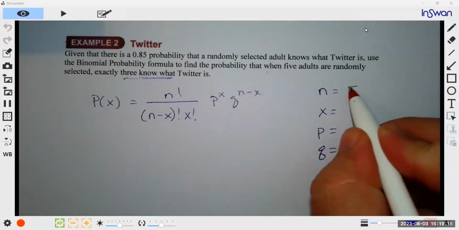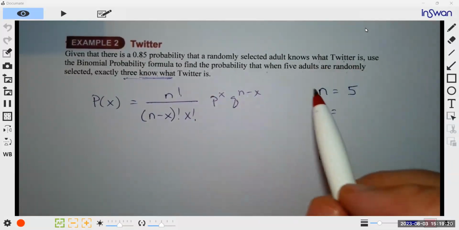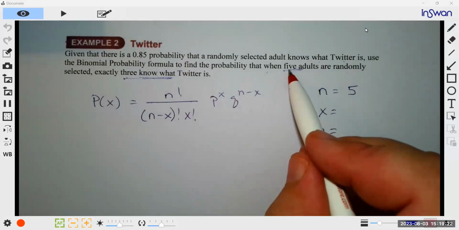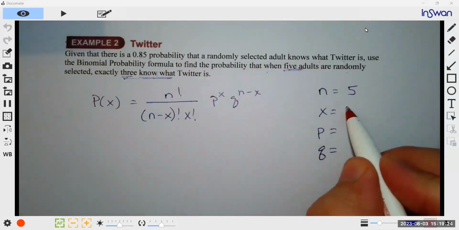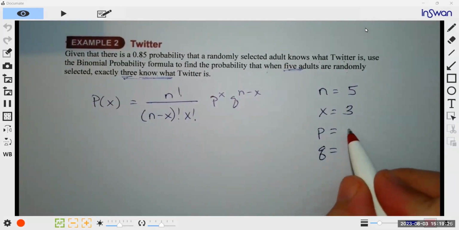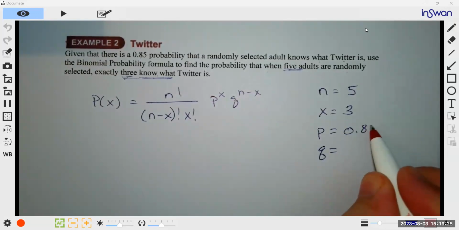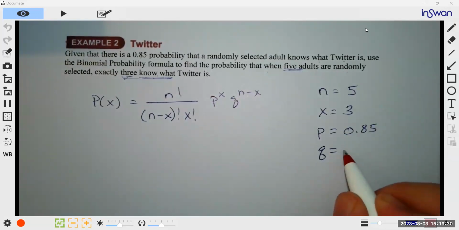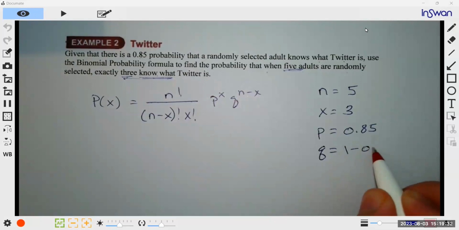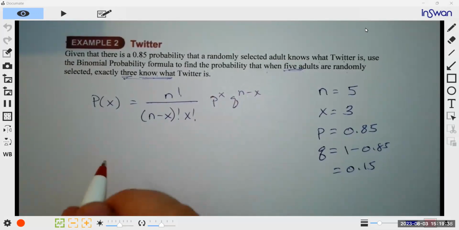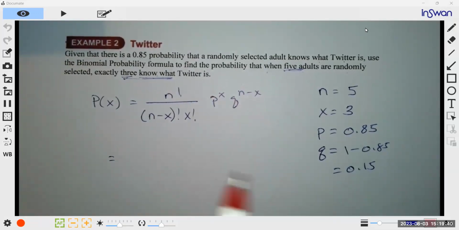So we want 5 people total out of 5 adults. We want exactly 3. Probability of success is 0.85. So 1 minus 0.85 is 0.15.